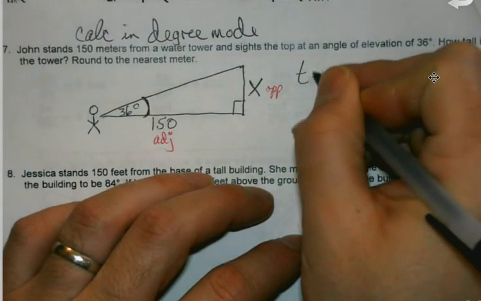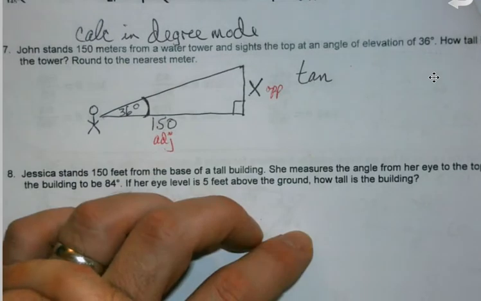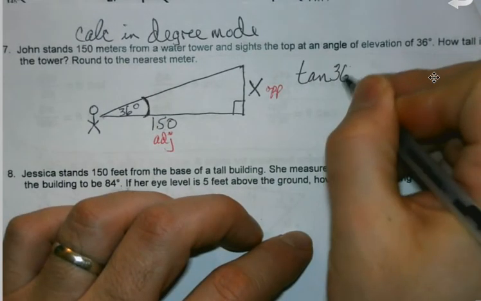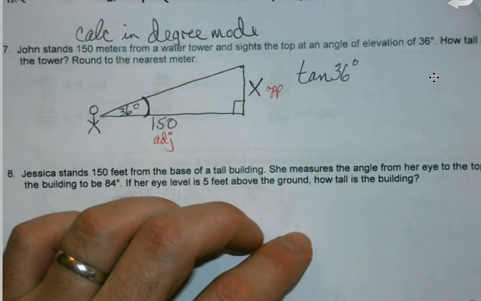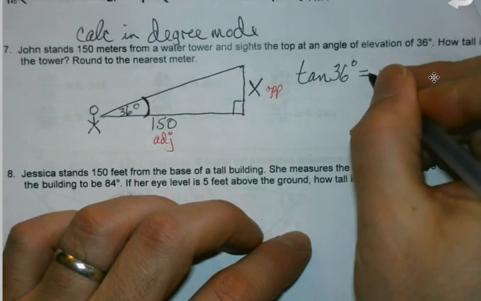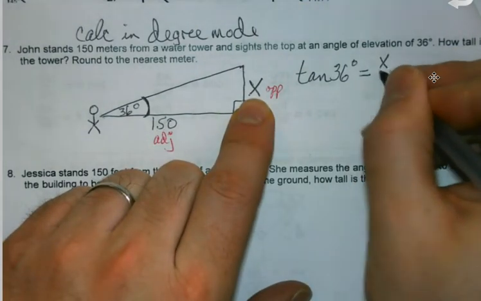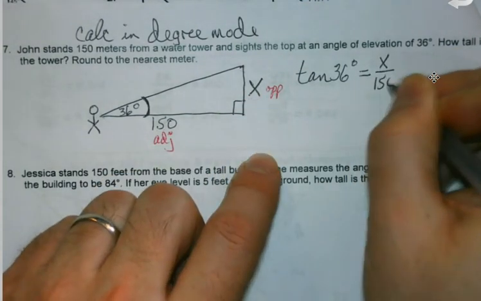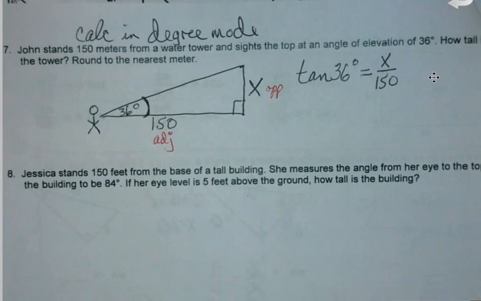So the tangent of 36 degrees is going to equal opposite over adjacent, x over 150. And I've now got to solve this equation for x. So, what's my one step to get x by itself? Multiply by 150.